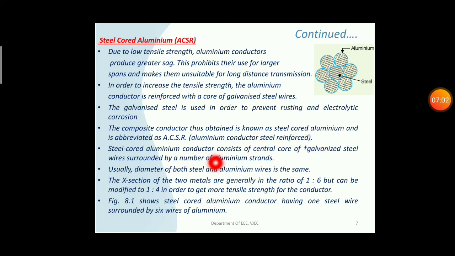It consists of a center core of galvanized steel surrounded by aluminum strands. Usually the diameter of both steel and aluminum wires is the same and the cross section will have a ratio of 1:6, or it can be modified up to 1:4. Figure shows steel cored aluminum conductor.